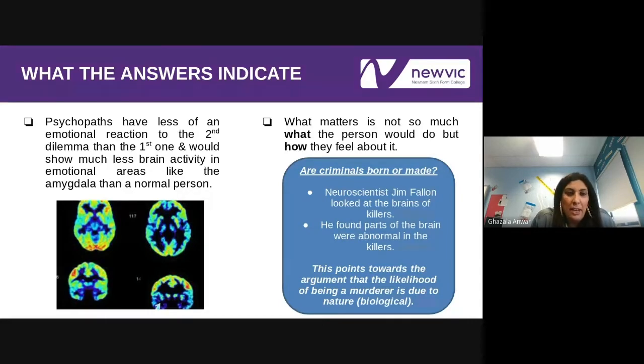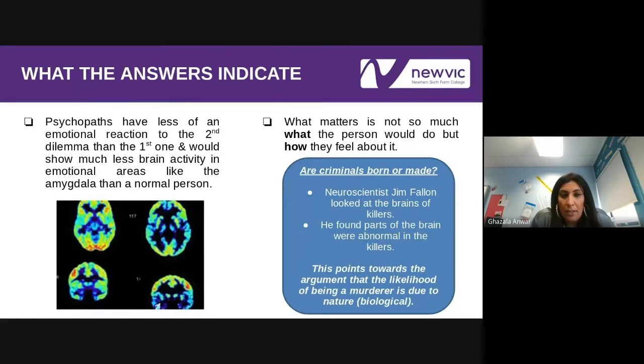There is a lot of evidence to show this, and you can see that in the brain scan on the slide there. We have a part of the brain called the amygdala, everyone, and your amygdala is what controls your emotions. Interestingly, psychopaths have less of an emotional reaction to the second dilemma, because they've got less brain activity.